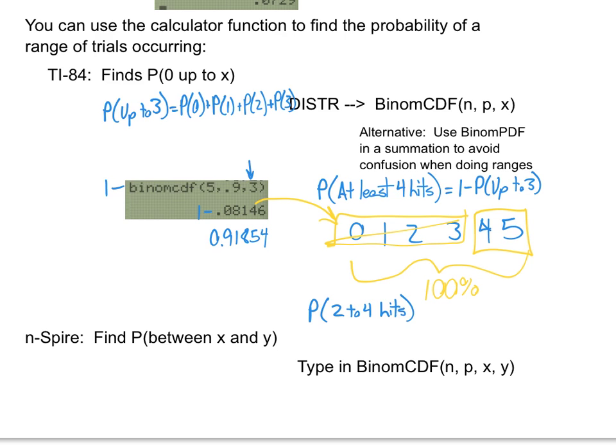We could do the CDF up to 4 and then subtract the CDF up to 1, right? But again, it's getting a little complicated. I'm going to abbreviate here: CDF with 5, 0.9 and 4 minus the CDF with 5, 0.9.